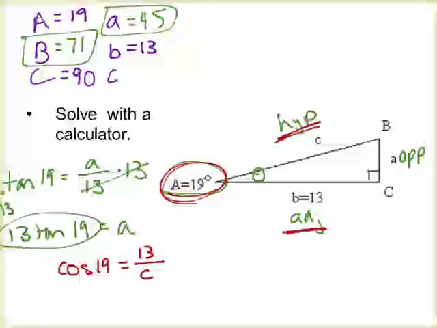When our variable's on the bottom, we multiply both sides by that variable, which cancels out the fraction but does not get our variable alone. So what do I need to do to get the variable alone? Divide by the cosine of 19.